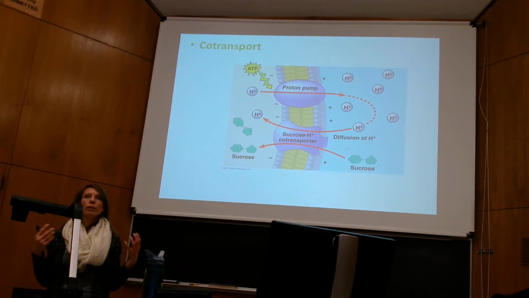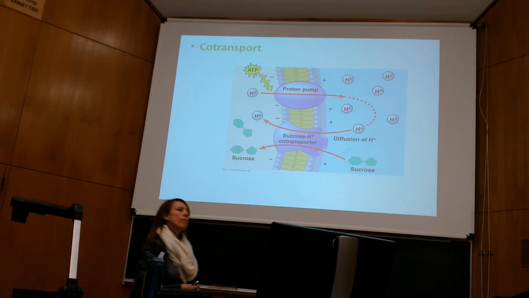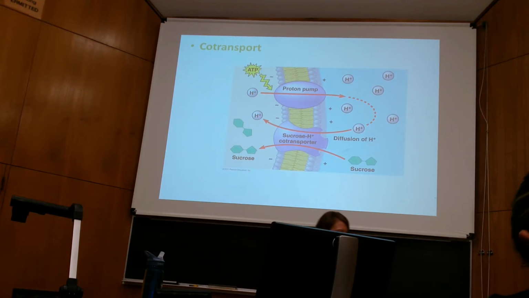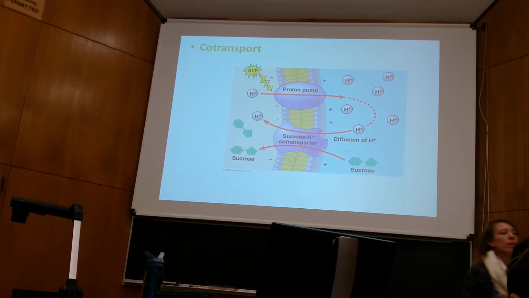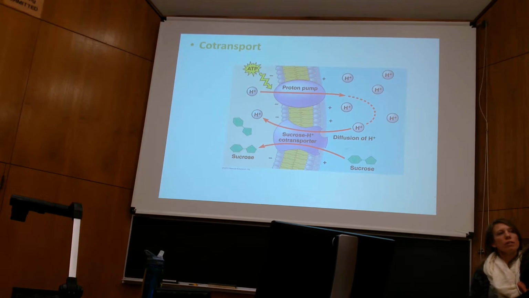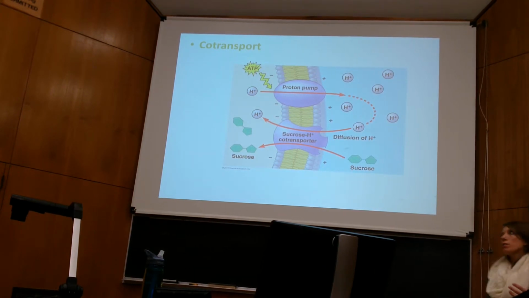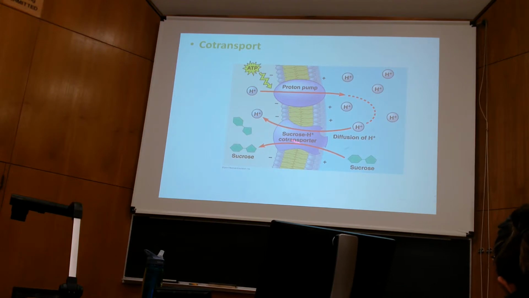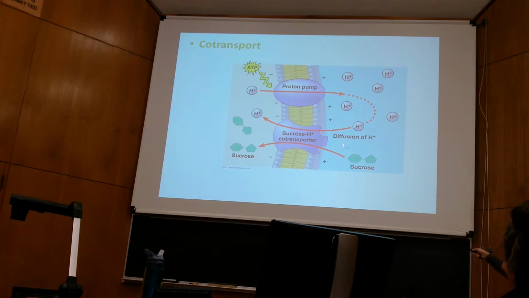Okay, so co-transport is a type of active transport that uses this potential that's created here. Co-transport is when two things are transported through one protein, and they both have to be present. So an example is a sucrose-hydrogen co-transporter.